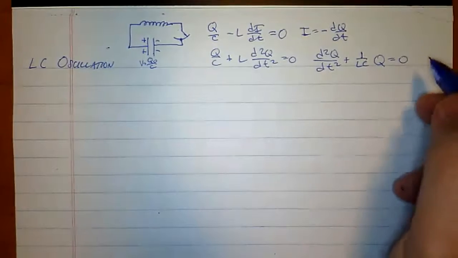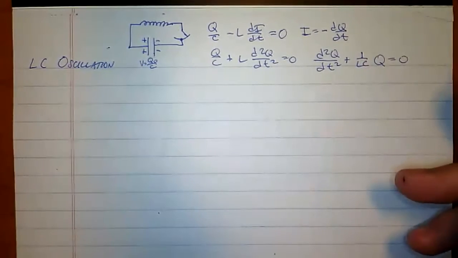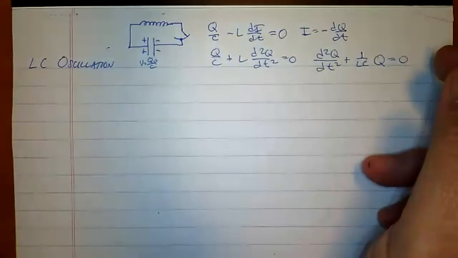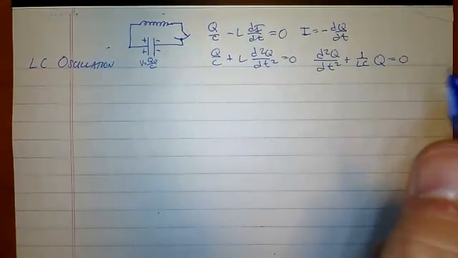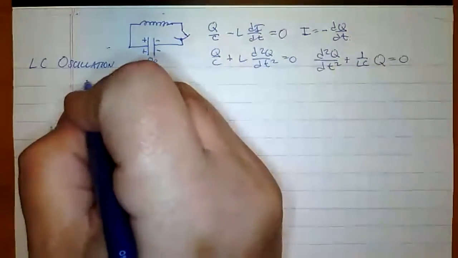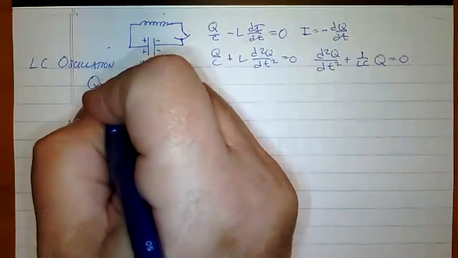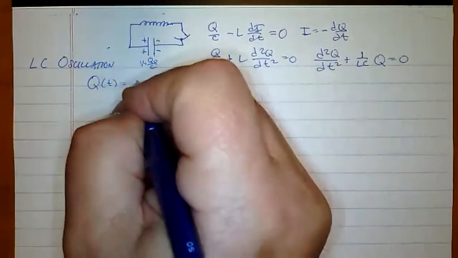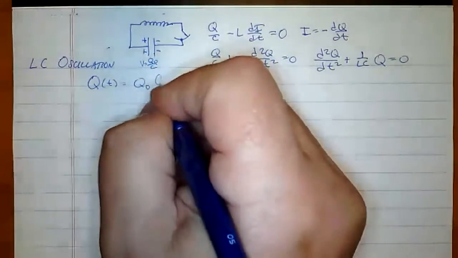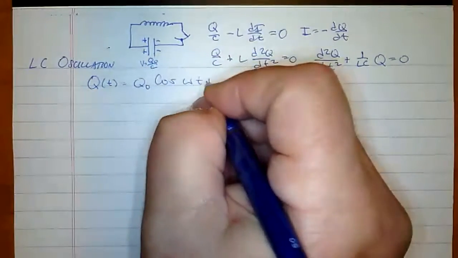So from our harmonic oscillator experience, again, now you see why we study so many springs, so many things act like springs, we know a good hypothesis for this is Q of t is equal to some Q0 times cosine of omega t plus phi.